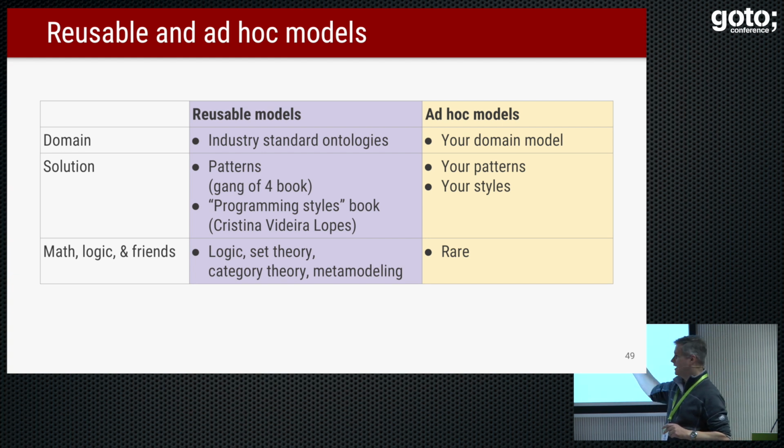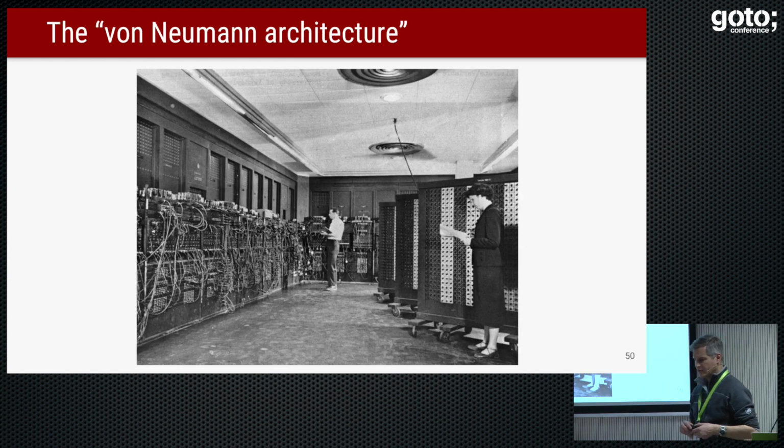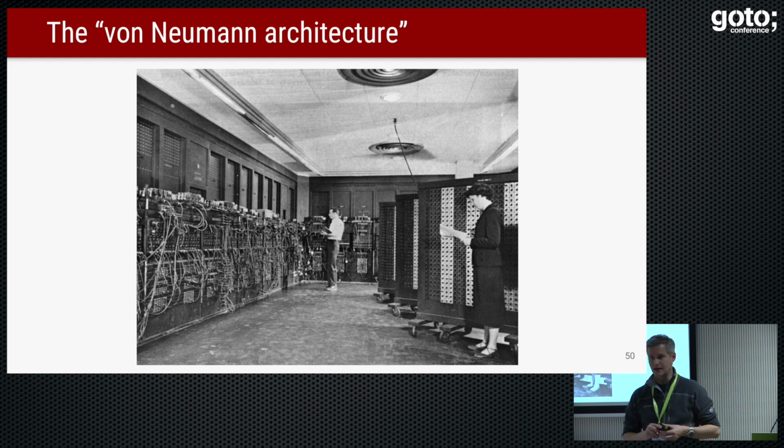I think you do occasionally find people actually inventing new formalisms. I'm thinking in terms of graph theory, right? If you were doing certain domains, you might come up with your own algorithms or your own ways of navigating.